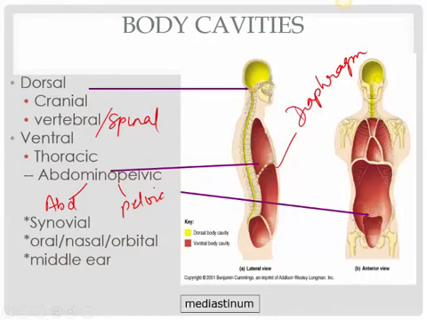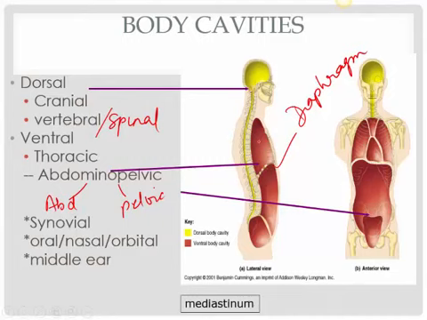The abdominal cavity just falls into the pelvic cavity through the bony pelvis, so organs from the abdominal cavity can pass into the pelvic cavity. Whereas organs from the thoracic cavity have to come into the abdominal cavity, or from the abdominal cavity have to go into the thoracic cavity.